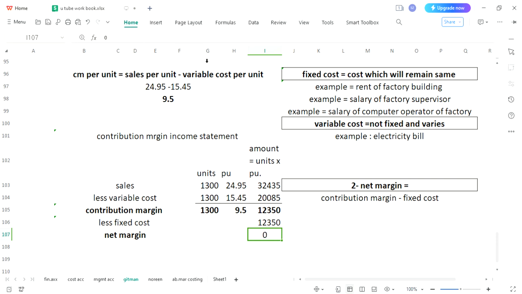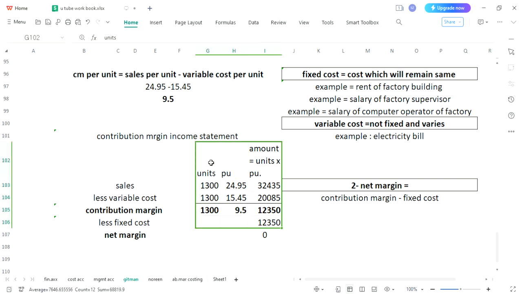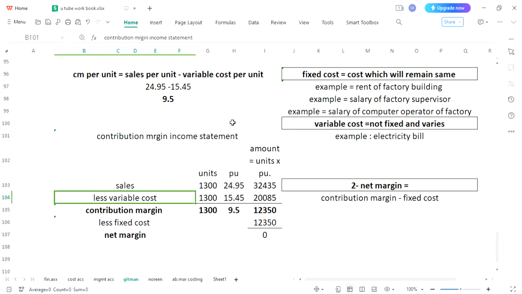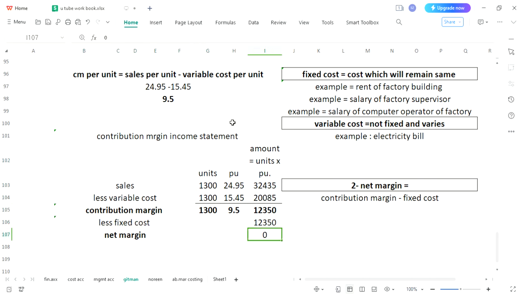Break even point is a point where there is no profit, no loss, and at this stage you have proved it, though it was not required in your question. But for better understanding, we have made the contribution margin statement and proved that your net margin is 0 if you are selling 1300 units.